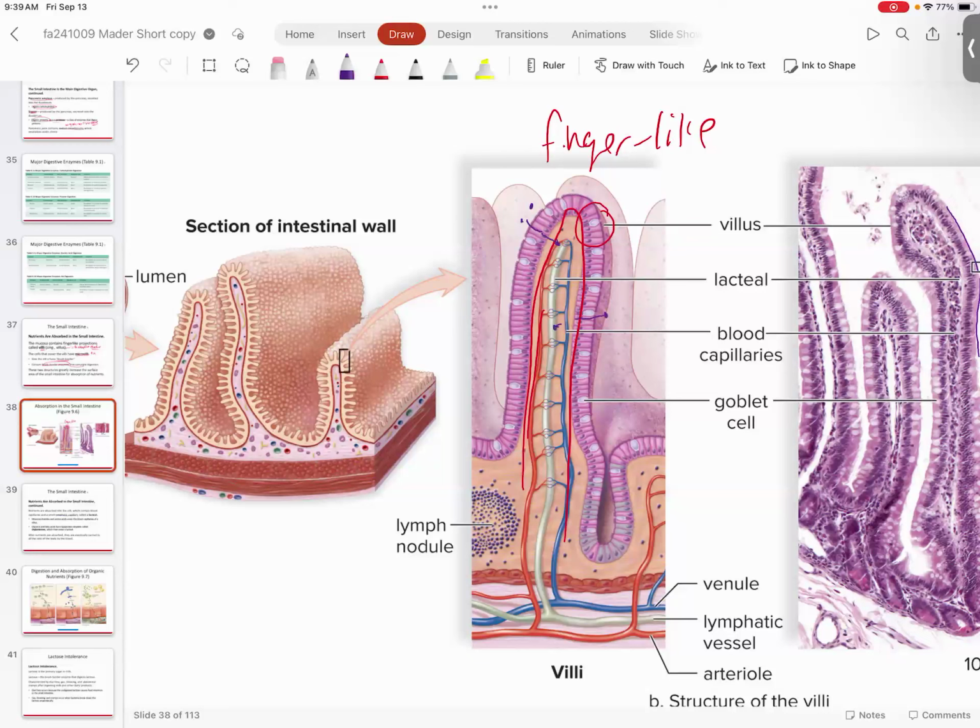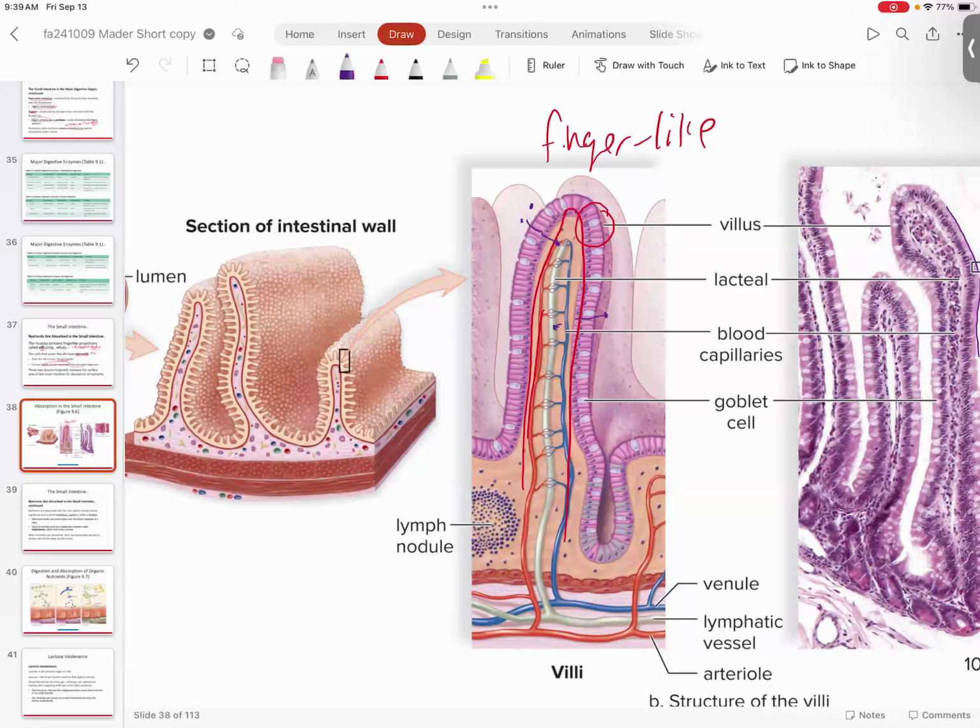Now, pretty much sugars and proteins, so monosaccharides and amino acids, go directly into the capillaries of the villus. However, lipids are a little bit different, right? Glycerol, fatty acids, things like that, or lipoprotein droplets typically will form, and they're called chylomicrons. A chylomicron is what enters into the lacteal itself.